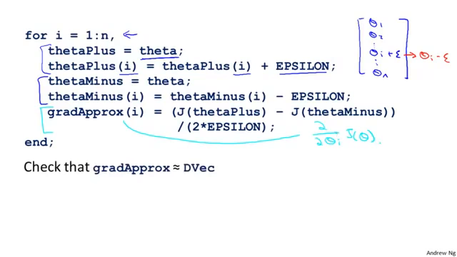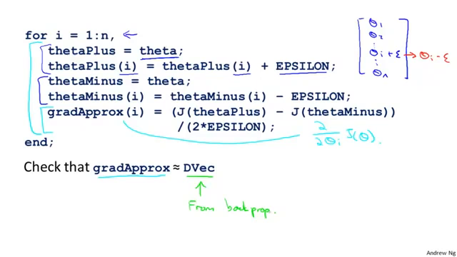And the way we use this in our neural network implementation is we would implement this for loop to compute the partial derivative of the cost function with respect to every parameter in our network. And we can then take the gradient that we got from backprop. So dvec was the derivatives we got from backprop. Backpropagation was a relatively efficient way to compute the partial derivatives of a cost function with respect to all of our parameters.